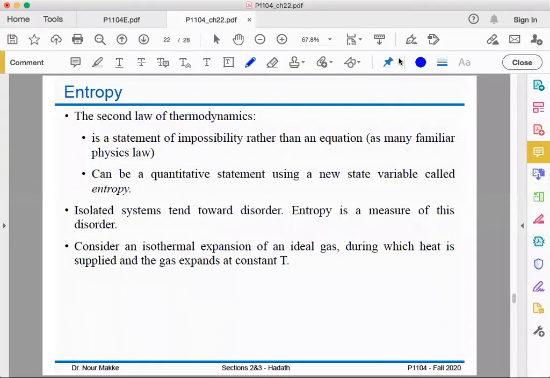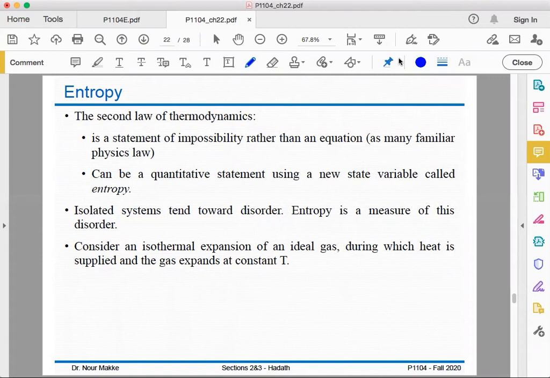So in this last part, we're going to talk about entropy. The second law of thermodynamics, as we have seen, is not an equation like many familiar physics laws. It's a statement of impossibility rather than an equation, right? It tells us that there is no heat engine or machine that can provide an equal amount of work as the amount of heat absorbed by the working substance.